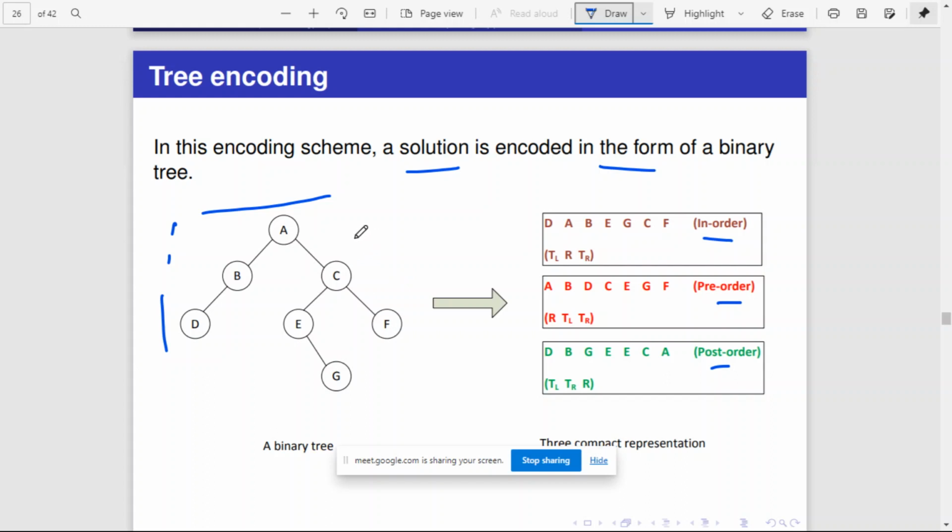So in-order traversal means, so everybody here attended the data structures course? You can answer yes or no in the chat. Are you aware of these concepts, in-order, pre-order, post-order? Yes, Akila, what about others?